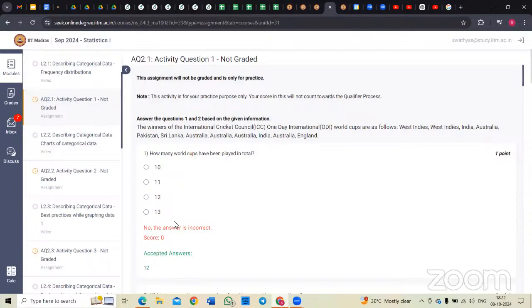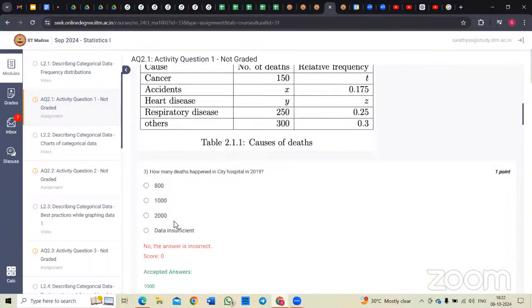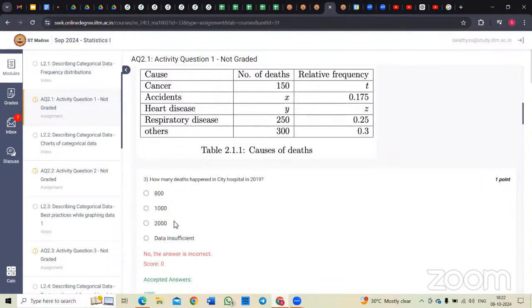Ma'am, how to find the total number of deaths? Okay, how did you calculate it? I want to know how you solved it. Ma'am, X is 175.